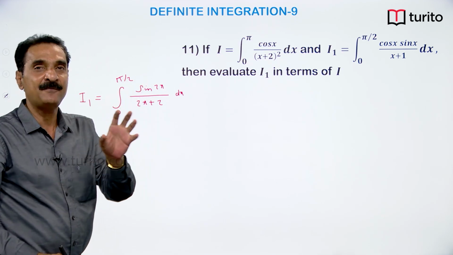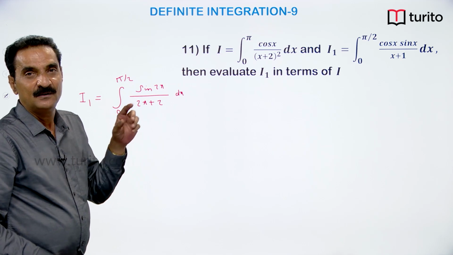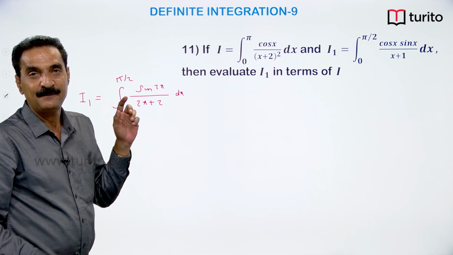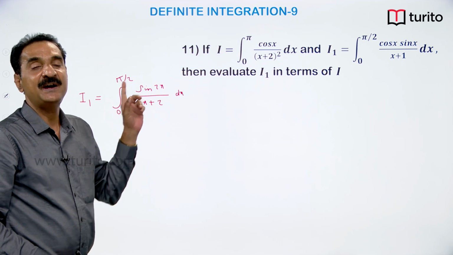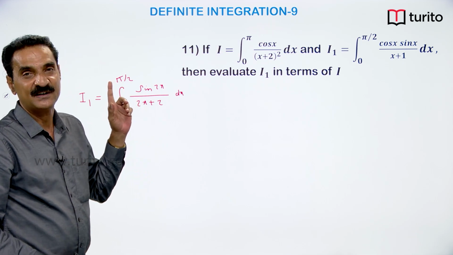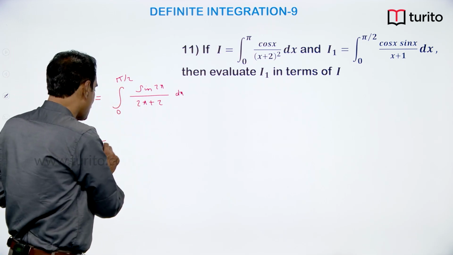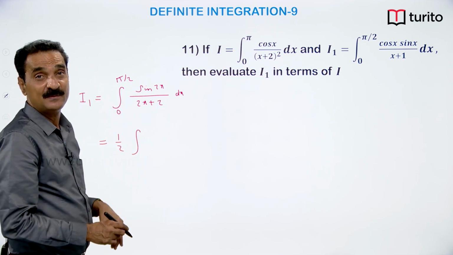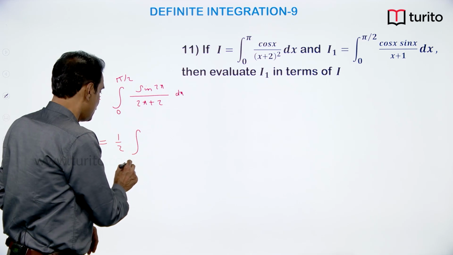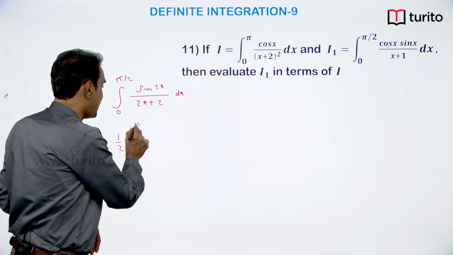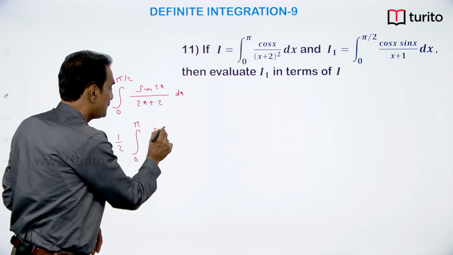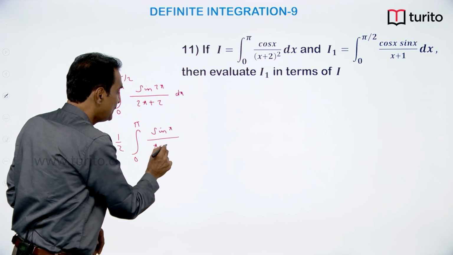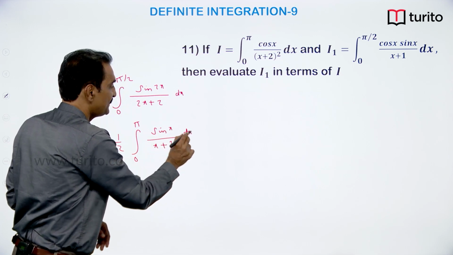So, I will use the f of kx formula. What is integral a to b f of kx dx? It is 1 by k integral ka to kb f of x dx. So, 1 by k means 1 by 2, and ka to kb means we have to multiply the limits by 2. So, you will get 0 to pi, sin x by x plus 2.